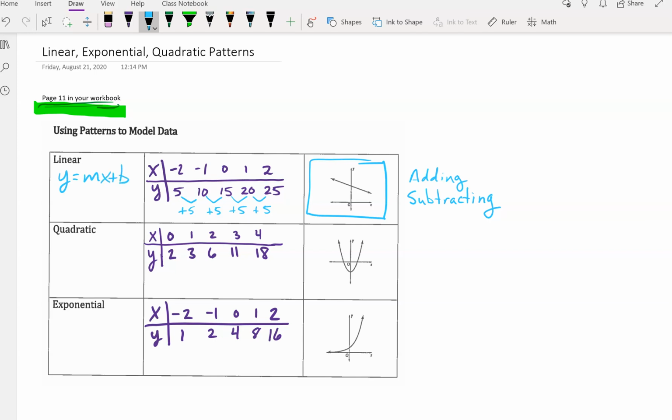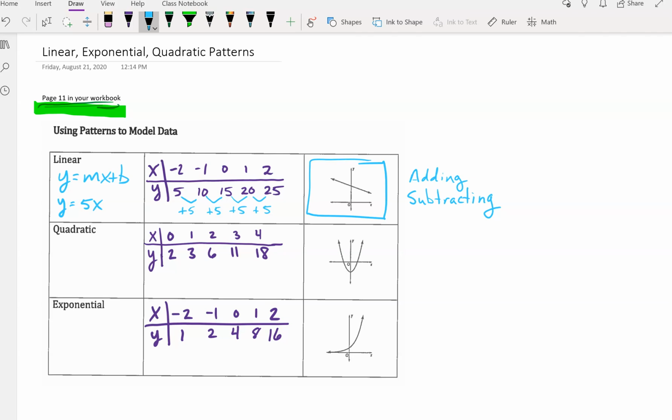And we know some important information from this table right here, this 5 that you see, because it's going up by 1 on your x values. Your slope is actually a change in 5 over a change of 1. So that makes our slope 5 over 1, or 5 for this particular pattern.